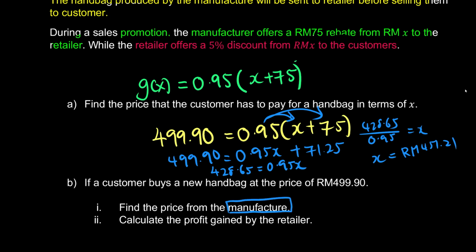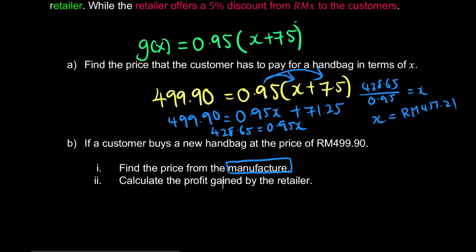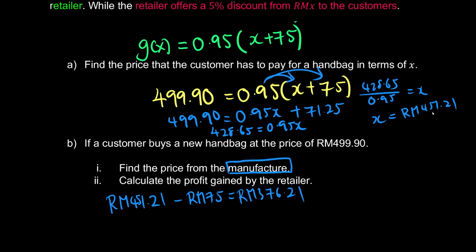But calculate the profit gained by the retailer. So we know the retailer is going to get a 75 ringgit discount. So we need to minus off the 75 ringgit first. So after minus 75, we will have 376.21. So this eventually is the price of whatever the retailer is buying from the manufacturers.